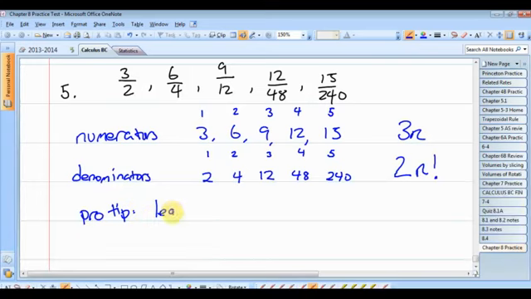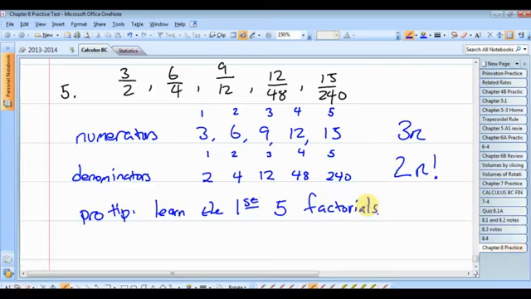Learn the first 5 factorials. 1, 2, 6, 24, and 120.